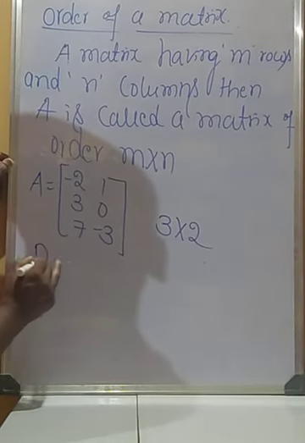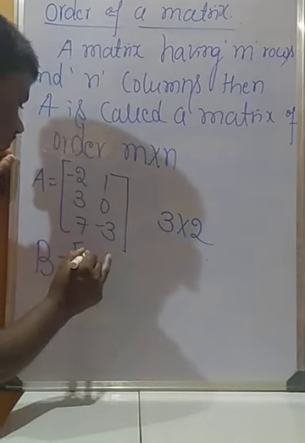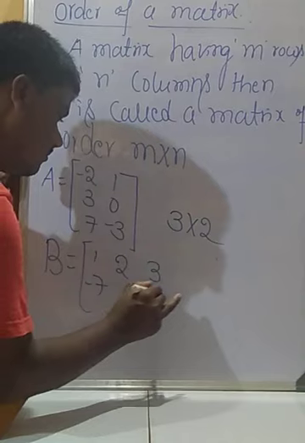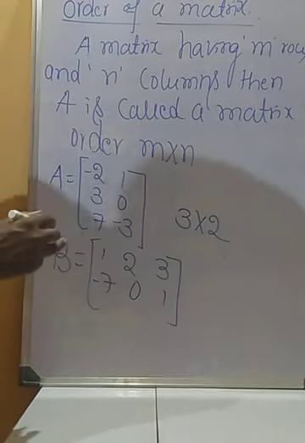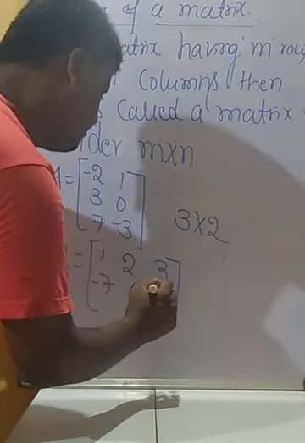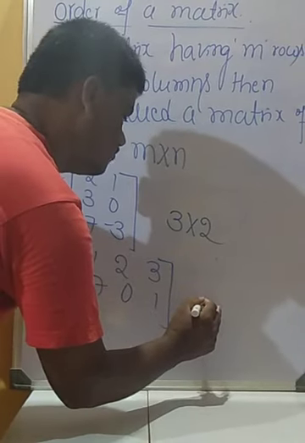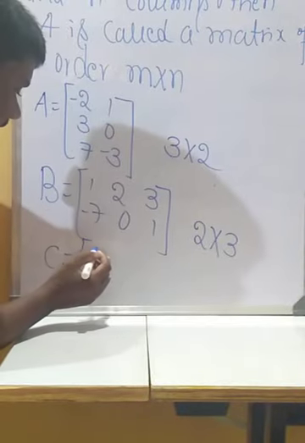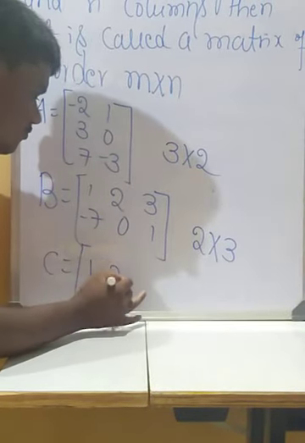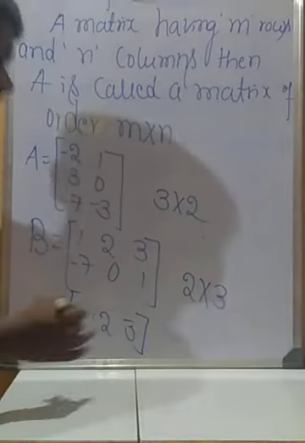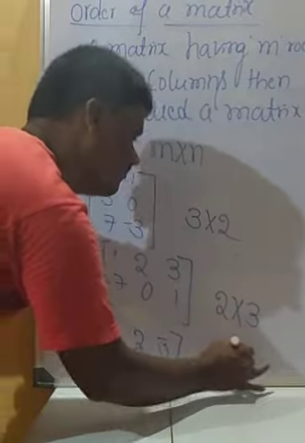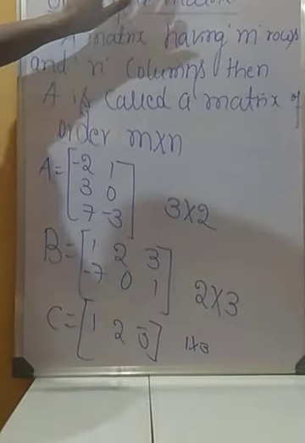Similarly, matrix B equal to 1, 2, 3, -7, 0, 1 is a matrix of order 2 cross 3. Similarly, matrix C, 1, 2, 3 is a matrix of order 1 cross 3. So these are all examples of order of a matrix.